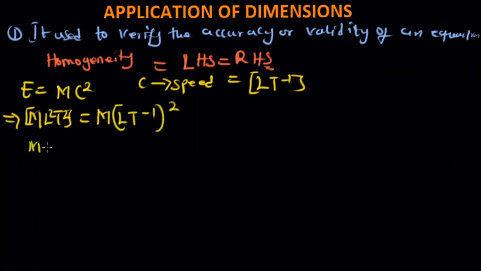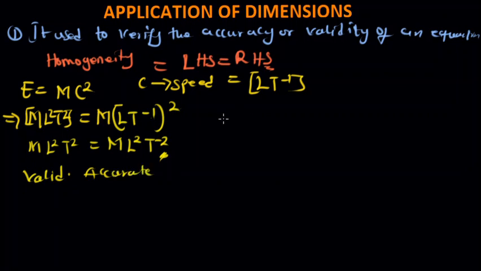So we'll have ML^2T^-2 equal to ML^2T^-2, because 2 multiplies -1 to give -2, and 2 multiplies 1 to give 2. So by dimension, we can boldly say that the dimension at the left hand side, that is energy, is equal to the dimension at the right hand side, that is mc squared. So by this we can say that this equation is valid, or accurate.